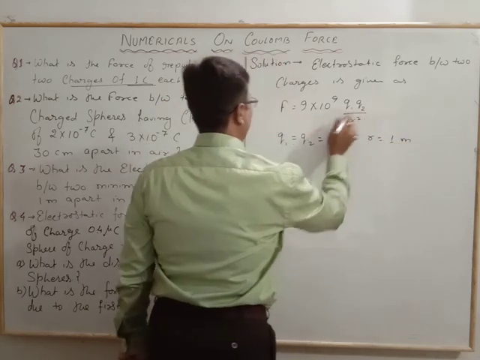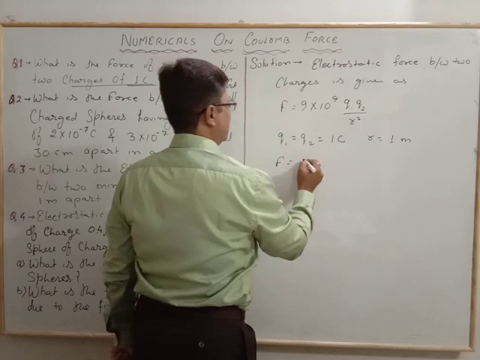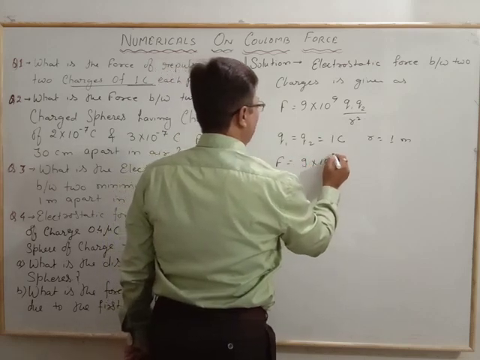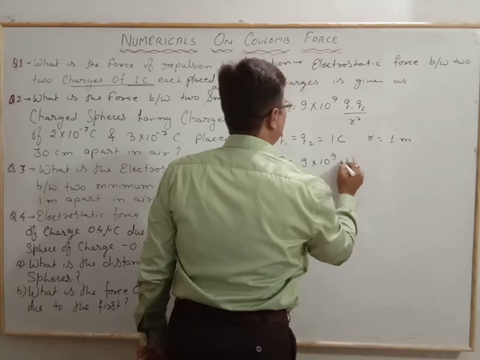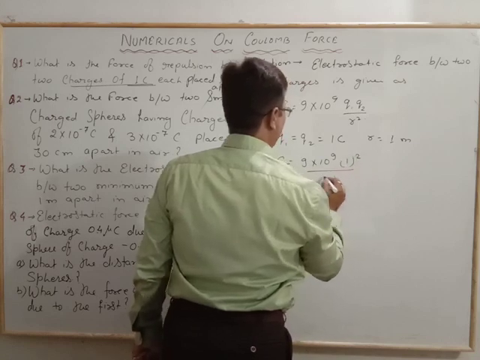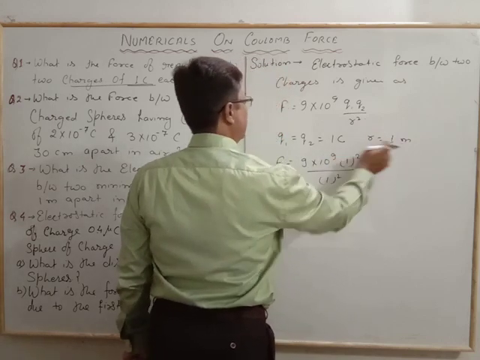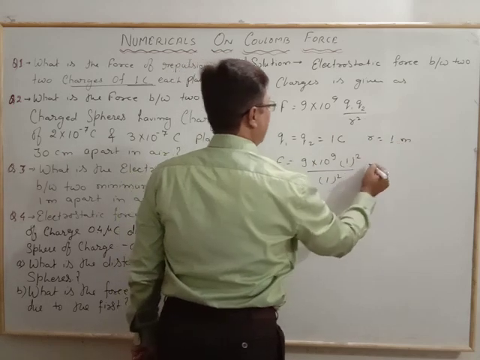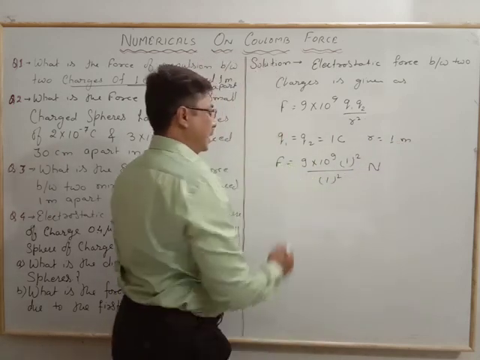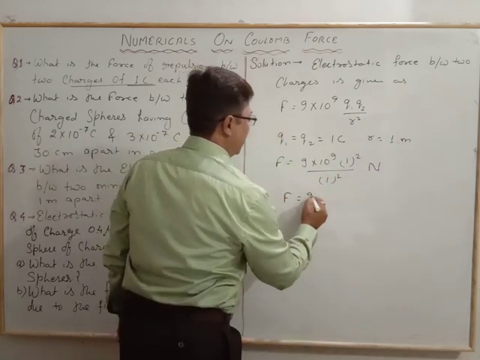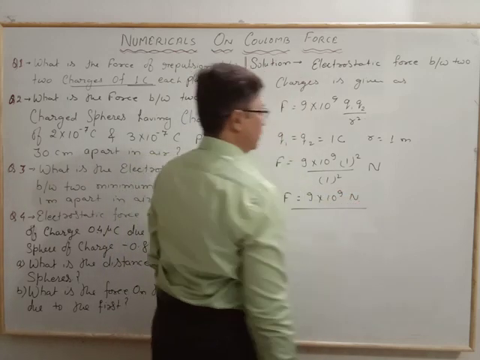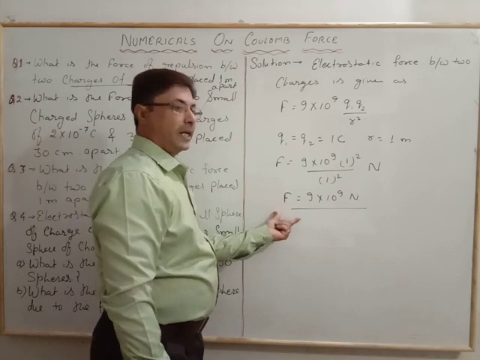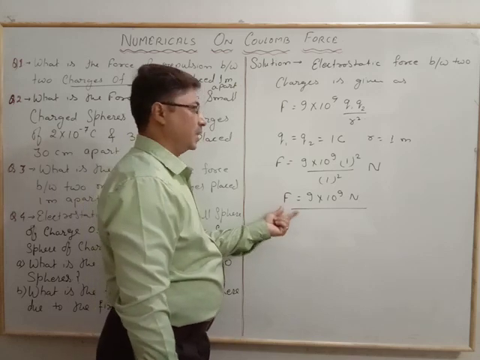So we will write force is equal to 9 into 10 to the power 9, and in place of Q1 Q2 we put 1 square by 1 square. Both are in SI unit, so the value is 9 into 10 to the power 9 Newton. That is the solution, the force experienced by either of the charges.